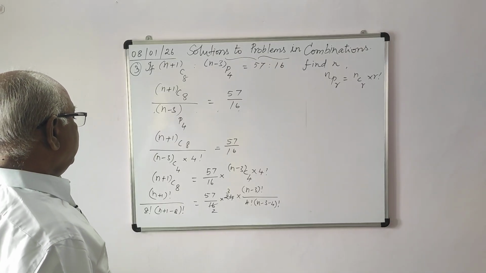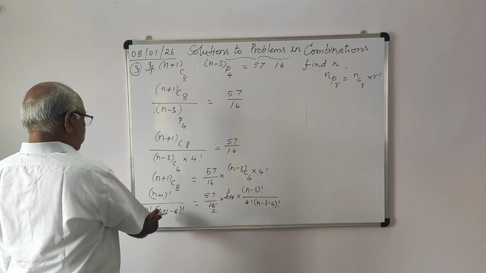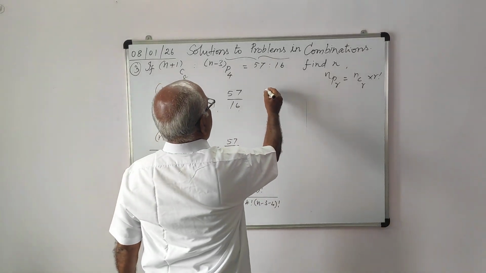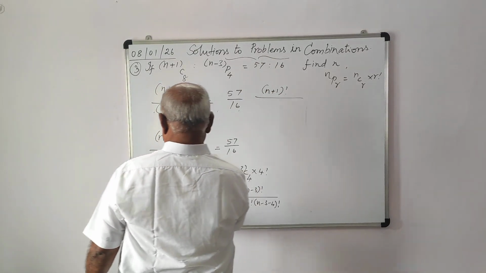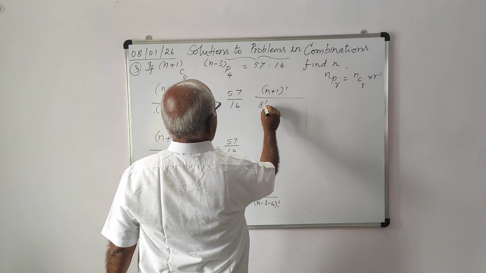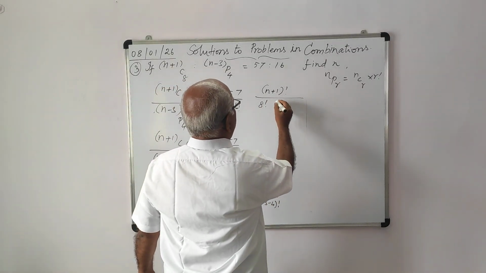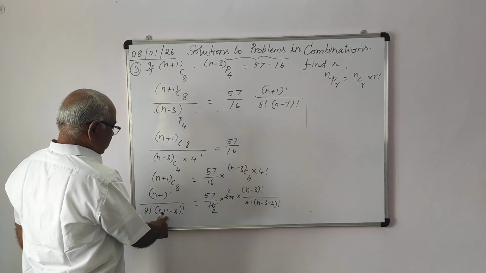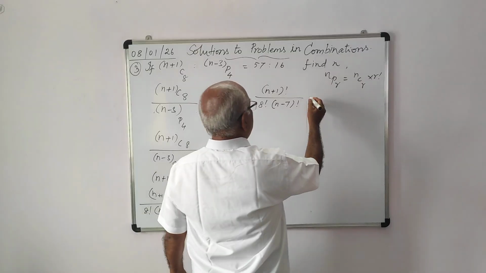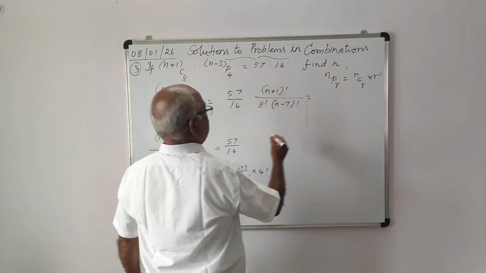Okay, now the left hand side is (n+1) factorial by 8 factorial into (n+1-8) factorial, which is (n-7) factorial, equal to 57. I can write it as 19 into 3.